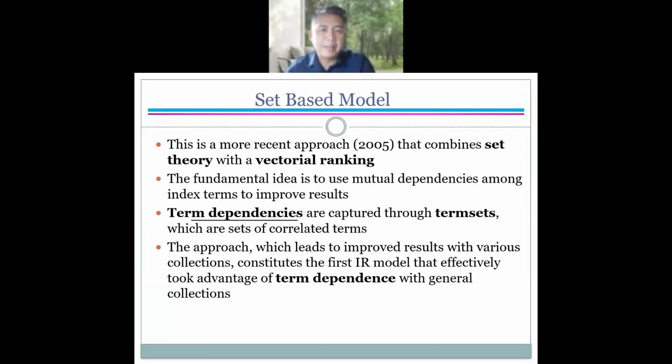So this is term dependency captured through term sets, which are sets of correlated terms. This approach leads to improved results with various collections. It is more flexible in that you can search for two terms now, not only a single term.